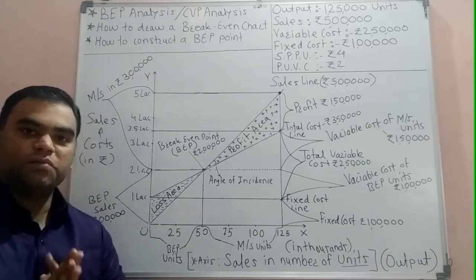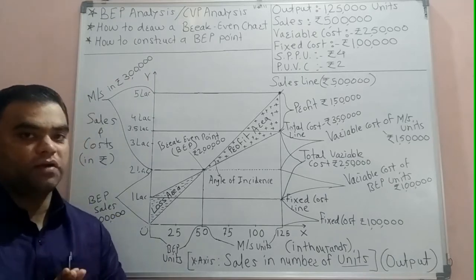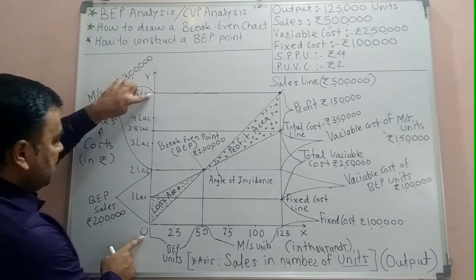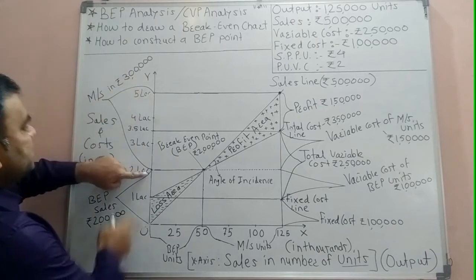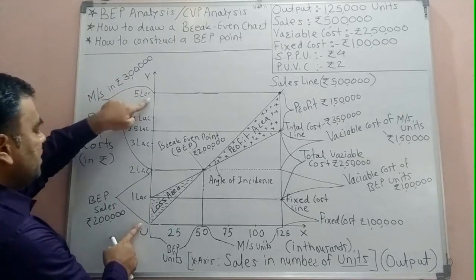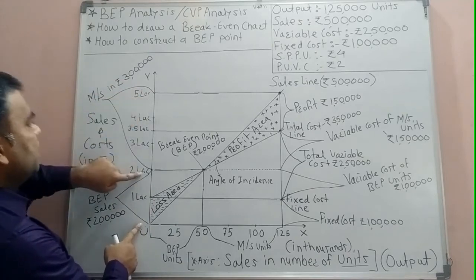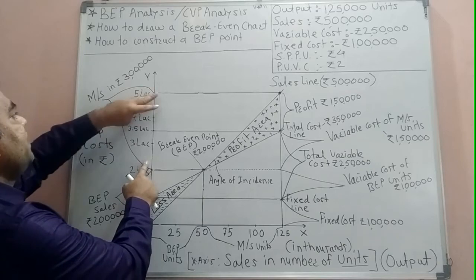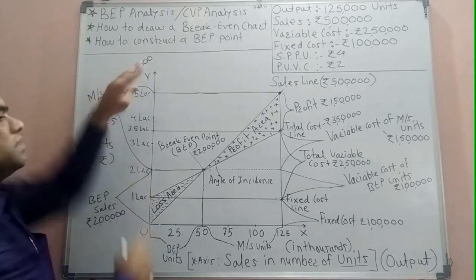How is it calculated? Total sales less BEP sales is equal to margin of safety. Total sales 5 lakh less BEP sales 2 lakh, 3 lakh will remain, and that remaining 3 lakh will be called margin of safety.